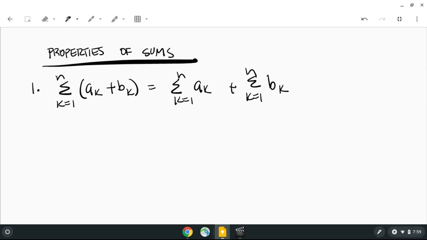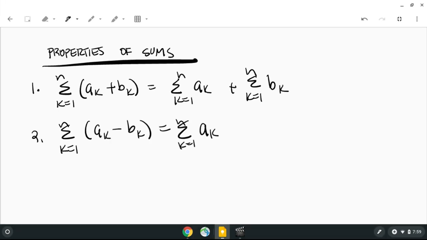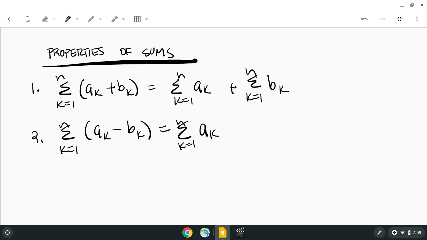And the same is true for subtraction. You can do the first one, get the sum of just the first function, get the sum of the second function. Oops, did I write plus?